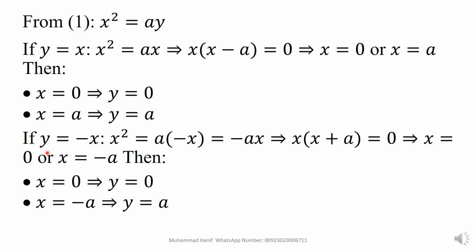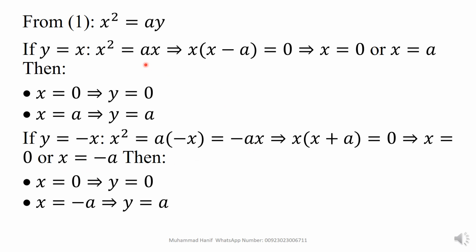If y equal to minus x, x square equal to a times minus x. Now we simplify these terms, then we get the values x equal to 0 and x equal to minus a.